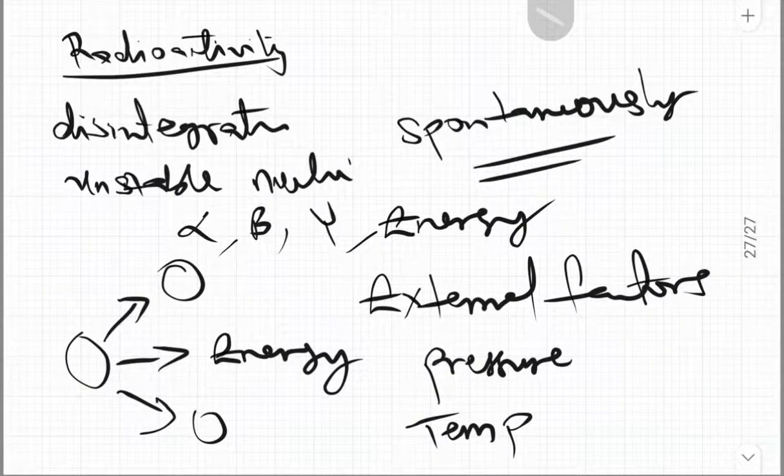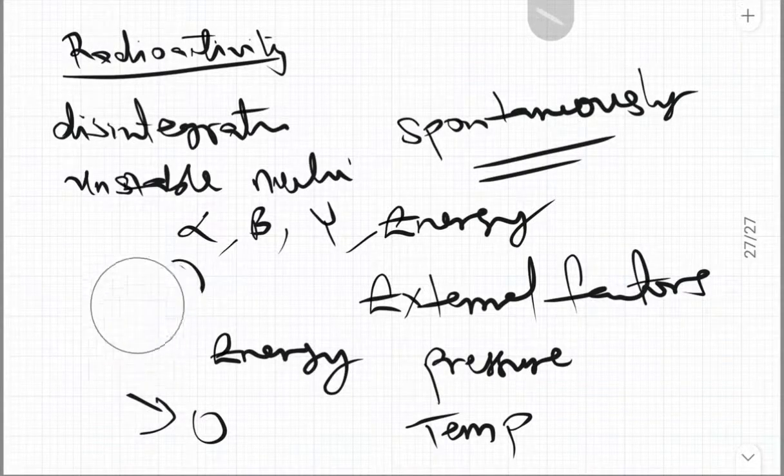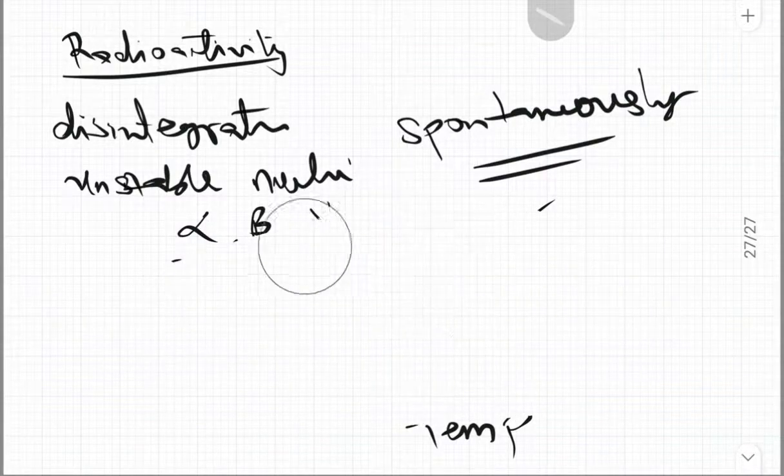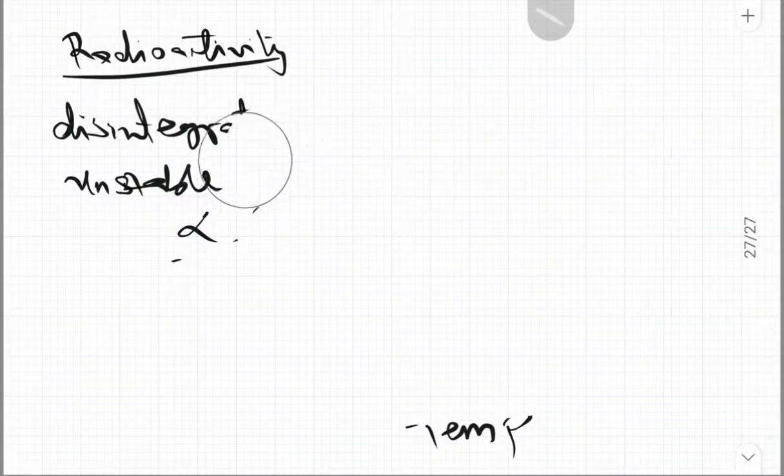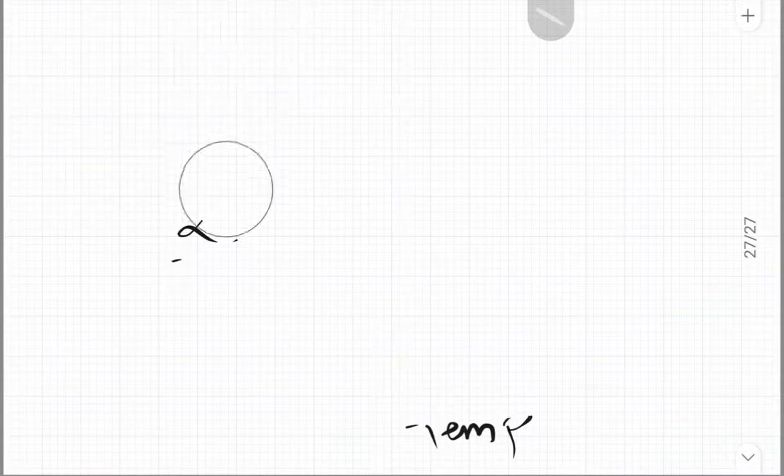Right? And we also looked at the graph. We plotted the graph of the amount of radioactive material against time.